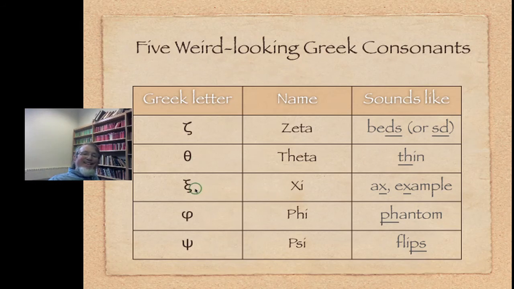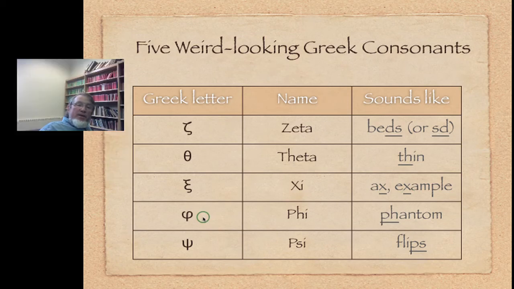This symbol is the X. Remember that we had the he, which represented a KH sound. But this one really is the x or x sound, as in axe or example. This symbol, which looks kind of like an O with a line drawn down through it, is phi.